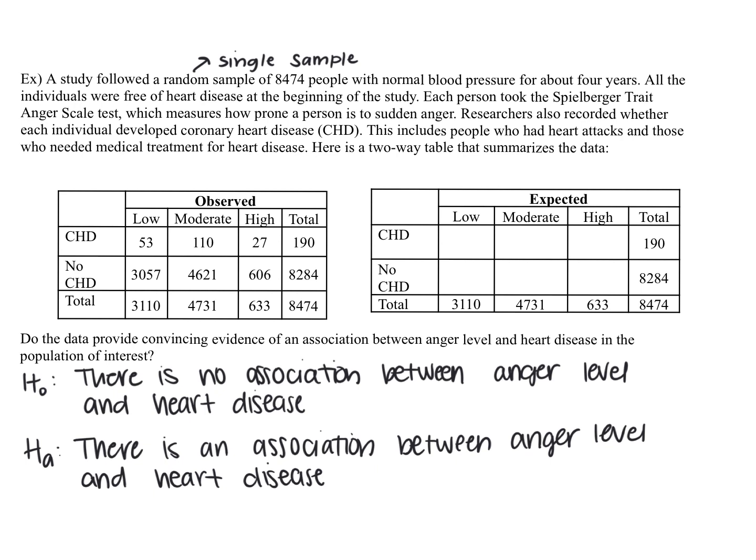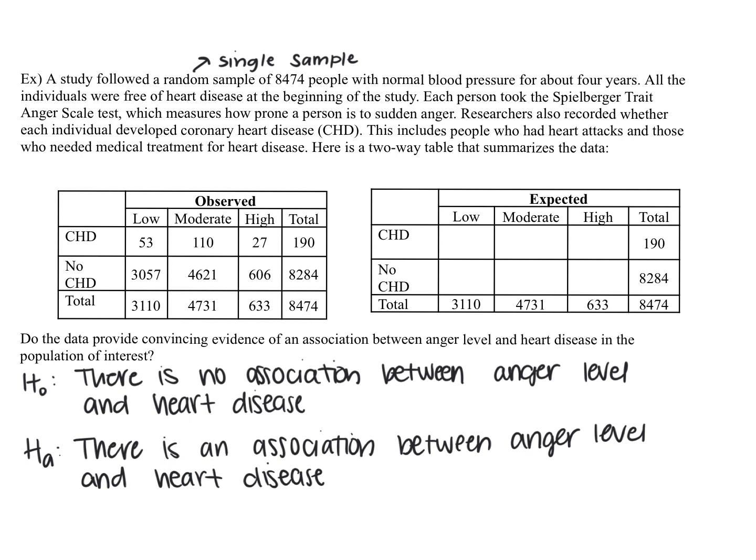So now we're going to go ahead and fill out our table of expected values. So like we said, we calculate those the exact same way we did in section 2. So we take our row total times our column total and then divide by the population total.